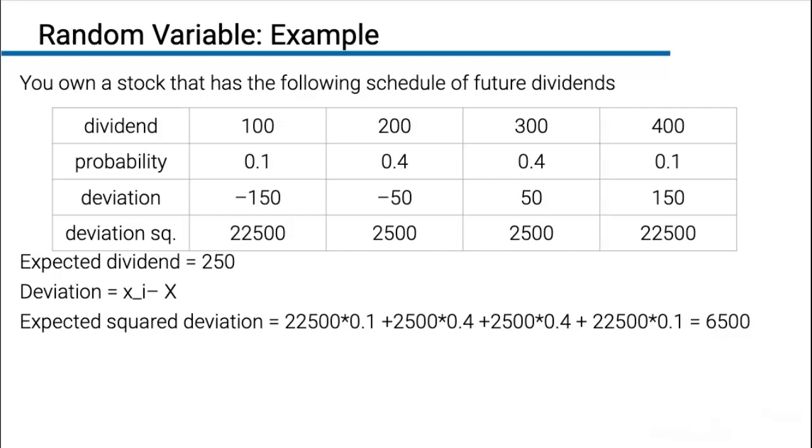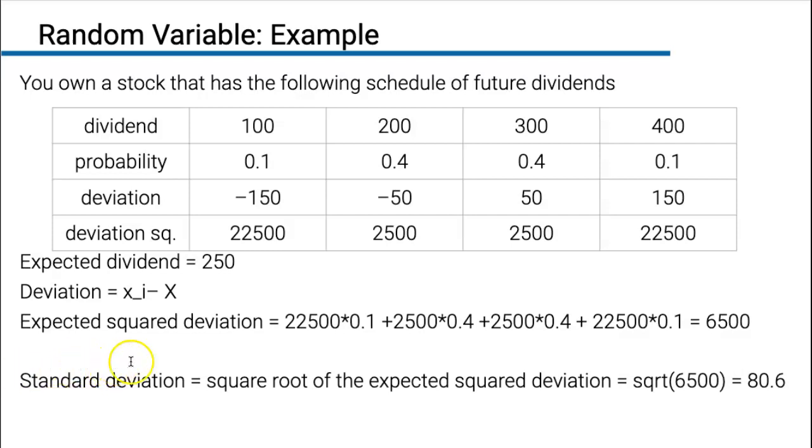That means that on average, your realization of a random variable, one number of the list 100, 200, 300, and 400, this is how far away it's going to be from the expected value of the random variable equaling 250. Final step, take the square root of the expected square deviation, and this is what we're going to call the standard deviation.